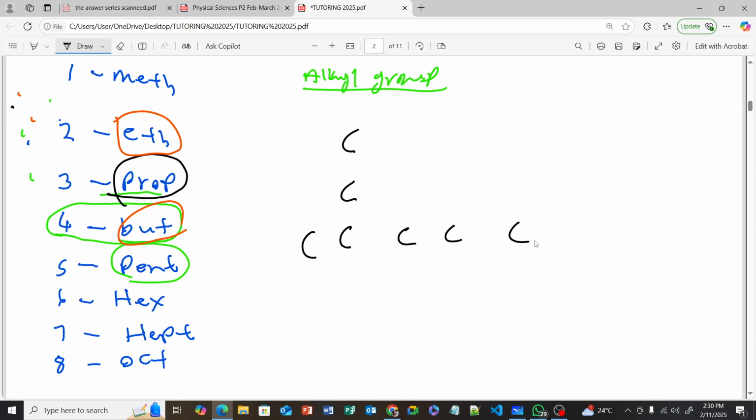Then we also have, like this. Okay, sorry, I'm not going to have that now. Then we also have this. Okay, now I'm connecting all the carbons.